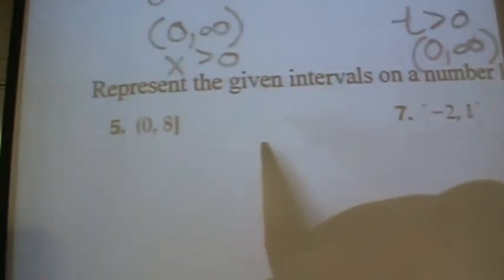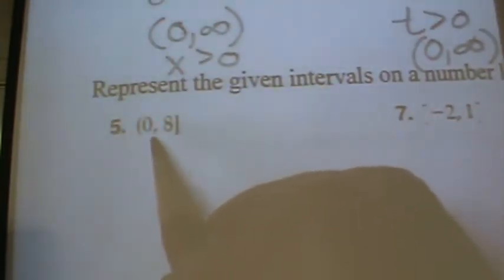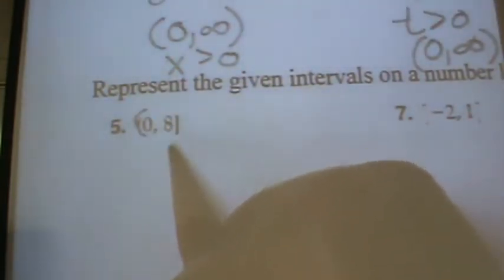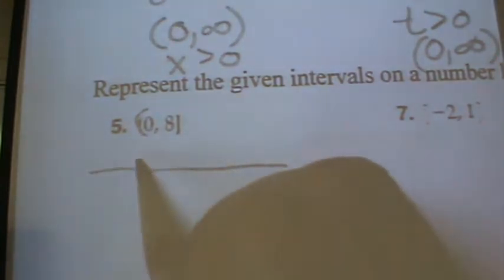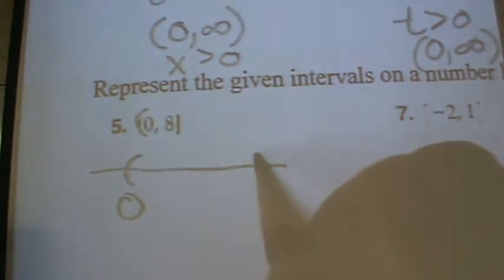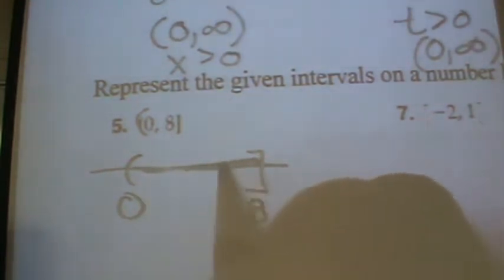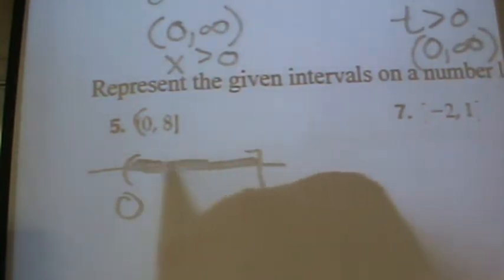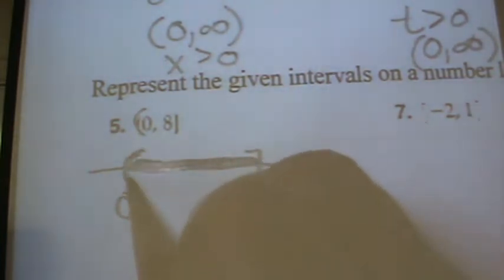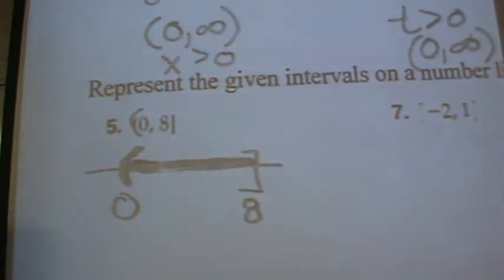Okay, represent this on a number line. So they're saying parentheses 0, bracket 8. So at 0 and 8, you're including 8, and not 0, it's in between 0 and 8, parenthesis at 0, bracket at 8.